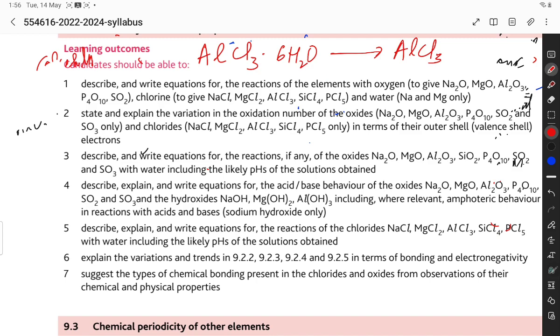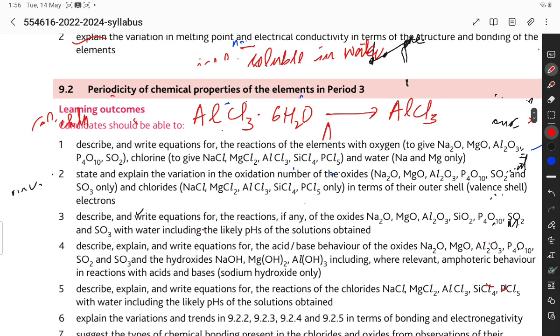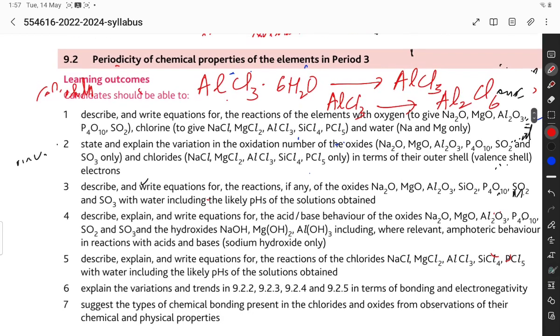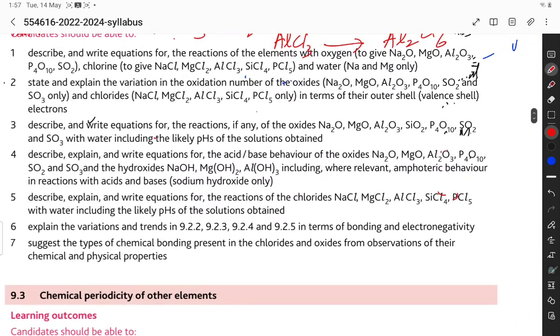Solid AlCl3 sublimes to form the dimer Al2Cl6.